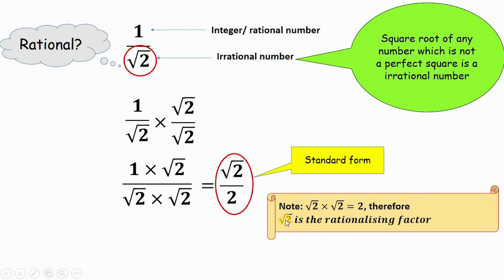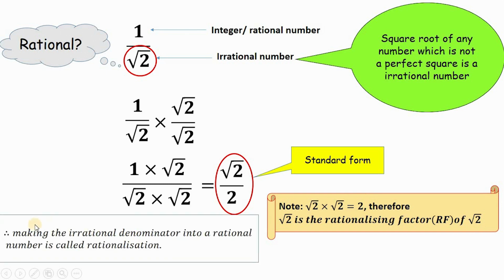Therefore, we can say that square root of 2 is the rationalizing factor or RF of the square root of 2, because when you multiply square root of 2 with square root of 2, you get a rational answer, that is 2. So now you might get the clue what rationalization is.